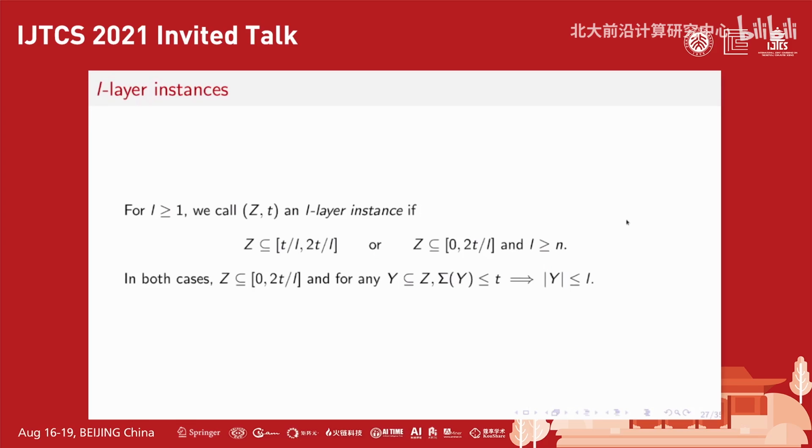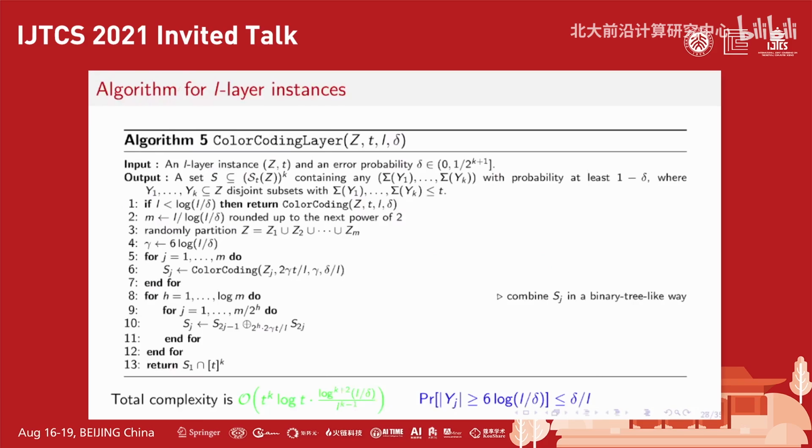Now we could use the previously presented algorithm to solve these instances by partitioning our input set to L square subsets. But there is actually a better, more efficient way to solve the problem for these instances, and this happens due to this inequality.